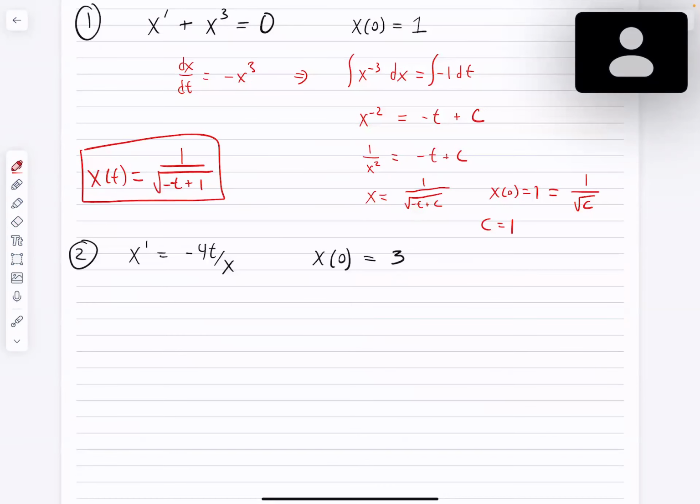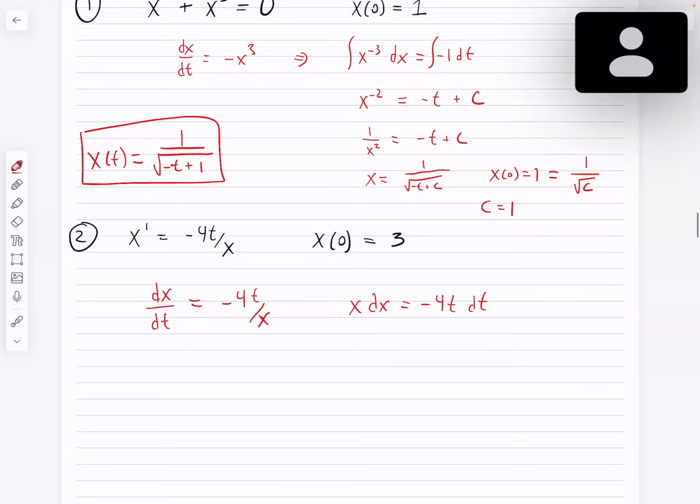Looking at this one, again, it will be separable. And so what I can do is write it as dx dt equals negative 4t over x, and then get the x's on one side, t's on the other. So this will lead to x dx equals negative 4t dt, integrating both sides.